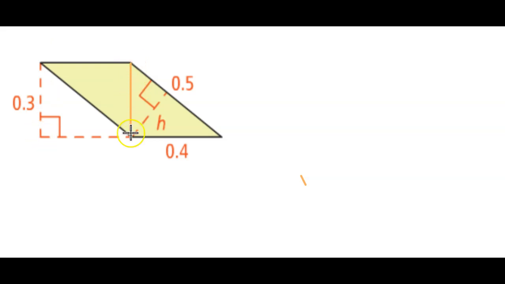In fact, if we were to slice this parallelogram right here, we could move this piece, if we were cutting it, to right here, and it would give us a nice rectangle to work with. So it's still the same thing, except this time they didn't give us units, and we're going to go with the base, which is 0.4 times the height of 0.3. That's going to give us our area.